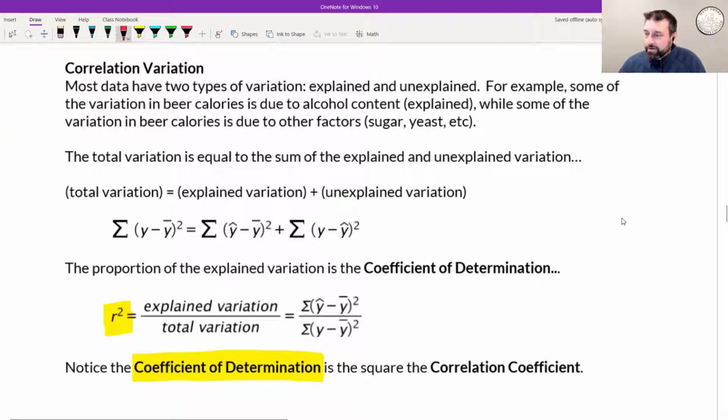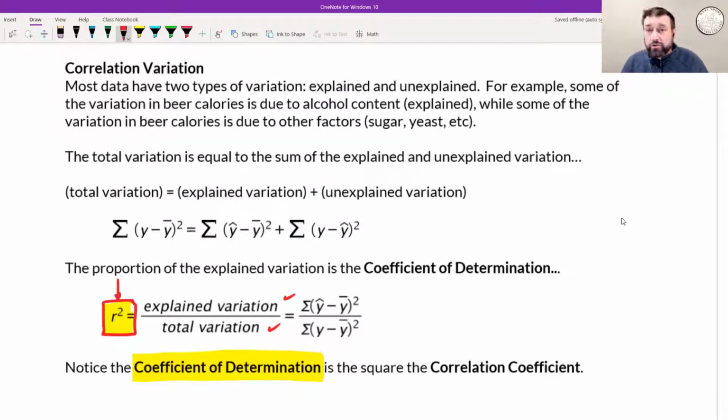R squared. So in order to find R squared, all you do is you square R. It's pretty easy. But this is the number that really does the trick to explain how much of the variation is explained by the correlation between the two versus the total variation, okay? And all you have to do is square R. So mathematically, it's a pretty simple thing to do.